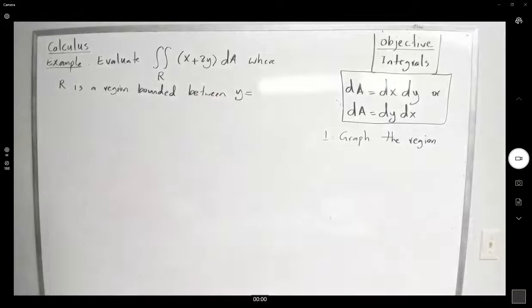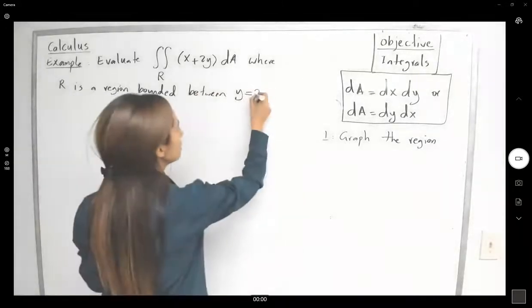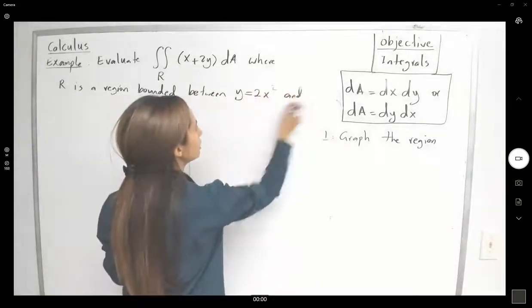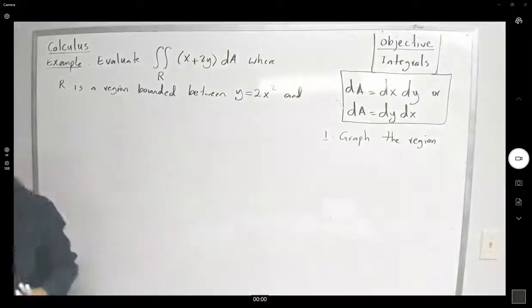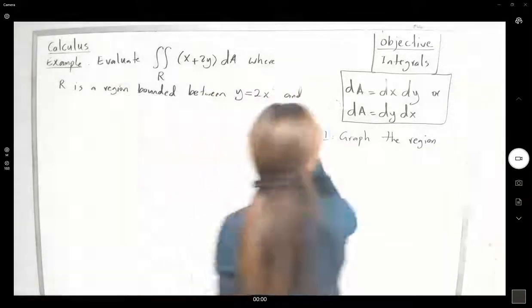Y is equal to 2x squared and y is equal to 1 plus x squared.